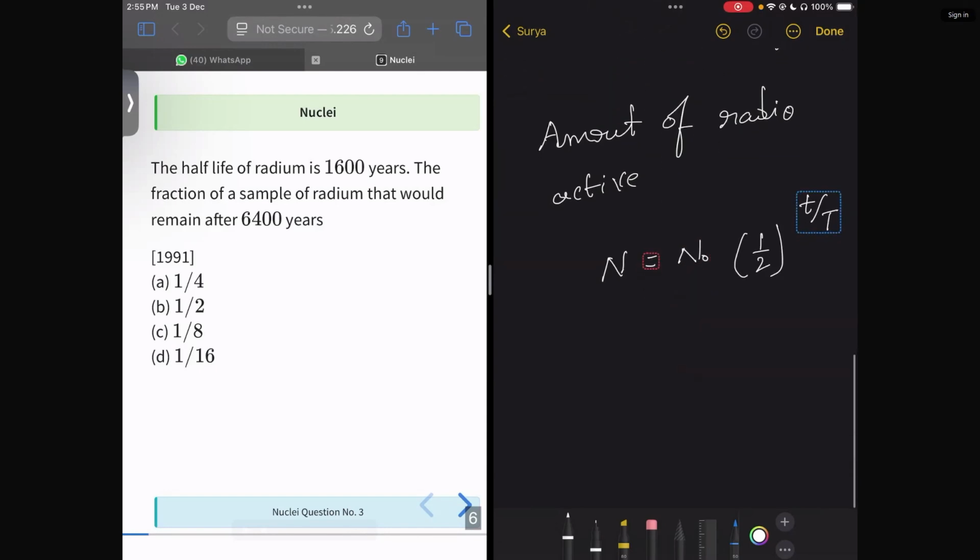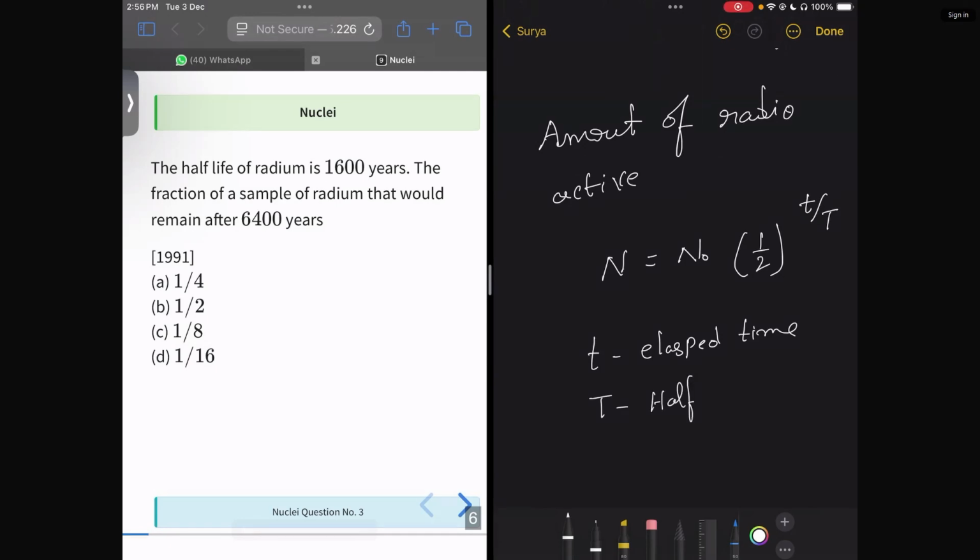Here radium is the radioactive substance. So what is t? Small t is the elapsed time, and capital T is the half-life of the substance.